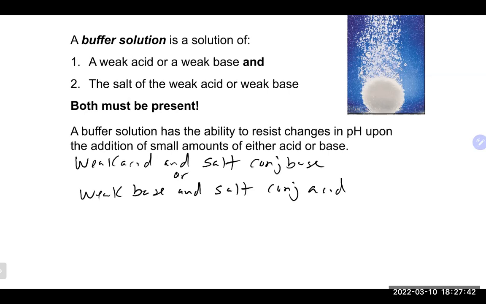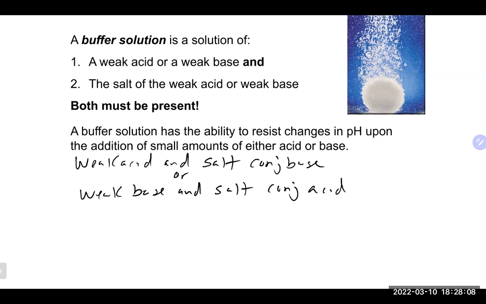The important part of a buffer solution is both of those are in the solution to begin with. So they both go in for a swim to begin with. The weak acid, for example, sets up the equilibrium. The weak base, if you have a weak base one, sets up the equilibrium, but the common ion is going to be supplied by the conjugate base or the conjugate acid, or the salt of those.